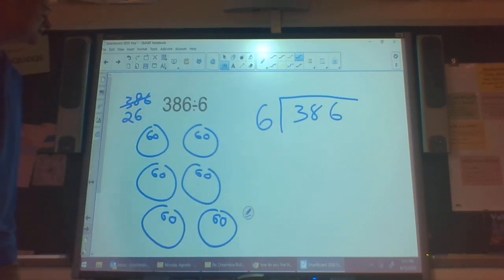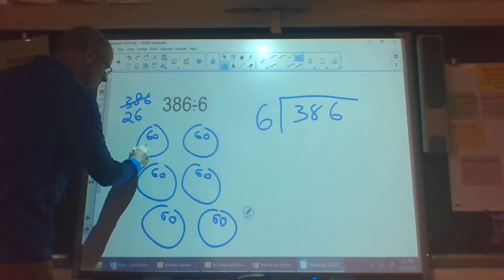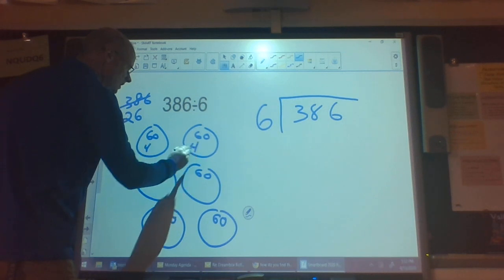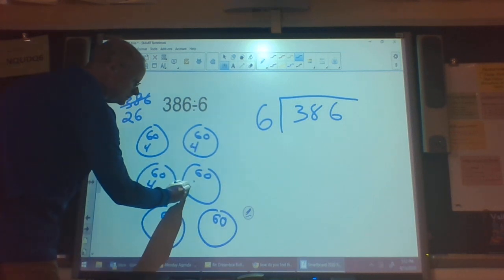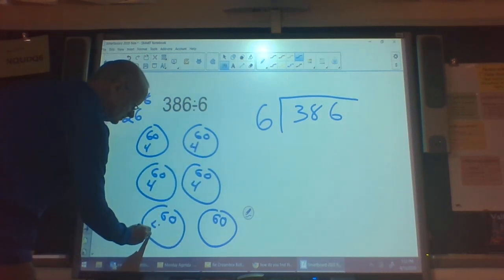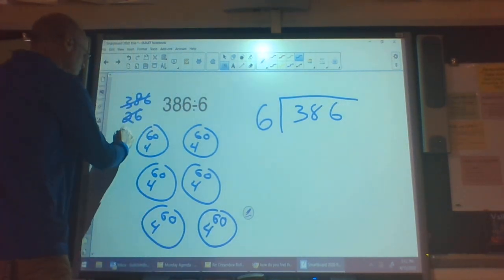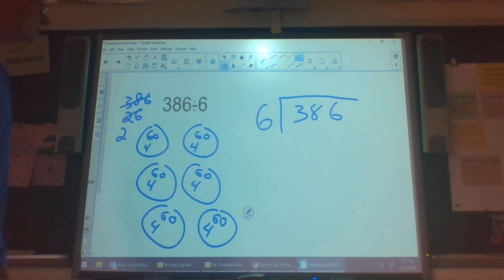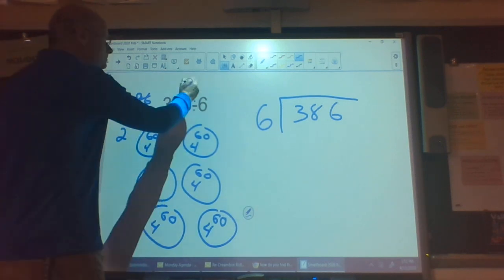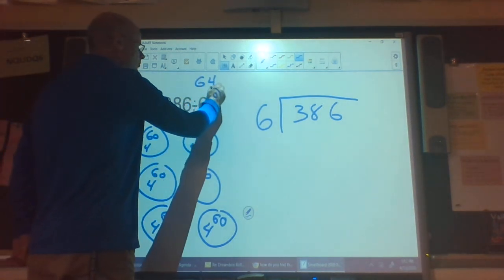So I have to figure out how many 6's in 26. And I know 6 times 4 is 24, so I'm going to put in 4's. 4, 8, 12, 16, 20, 24. I have 2 left. So I would say my answer is 64, the remainder of 2.